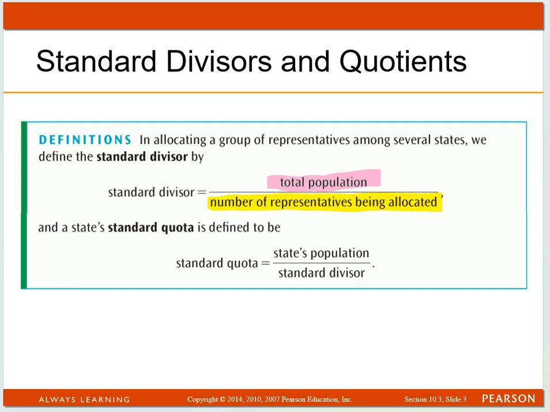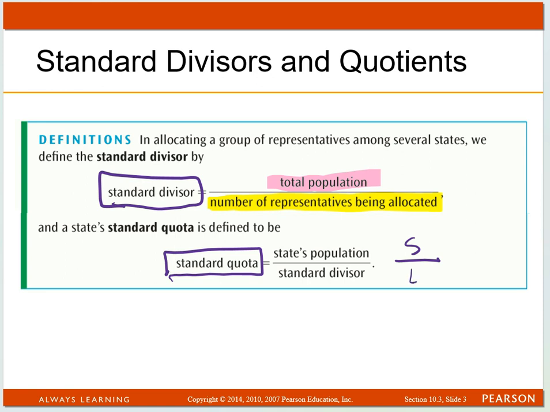And they're giving this a name. They are calling that the standard divisor, because the whole thing is in the denominator. Then they're going to call the actual division, which was S over the standard divisor.